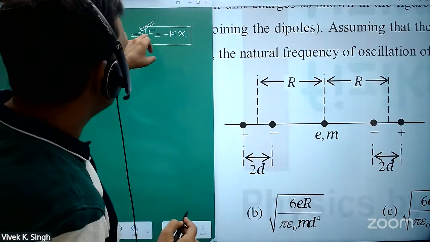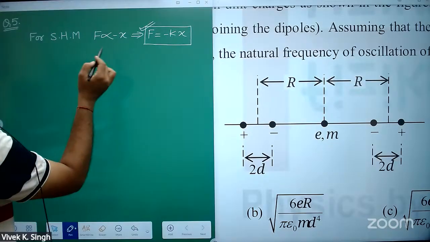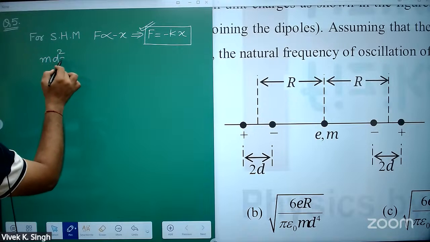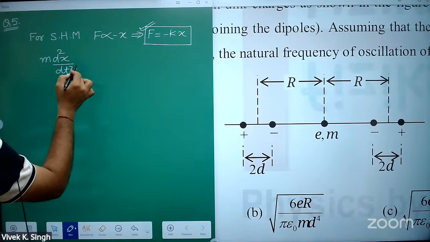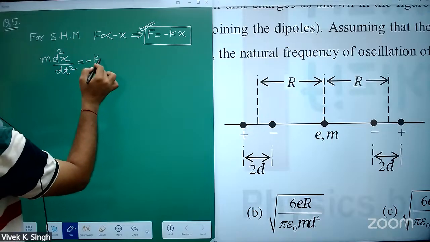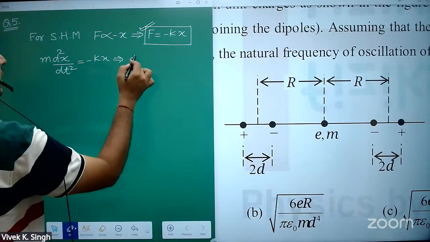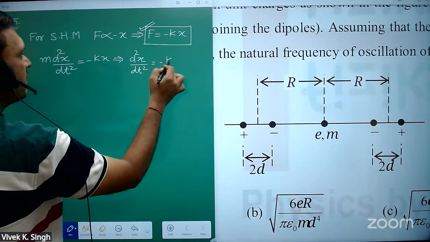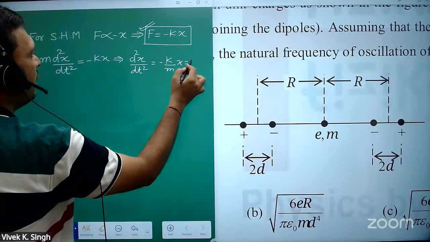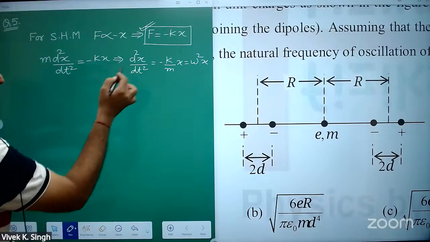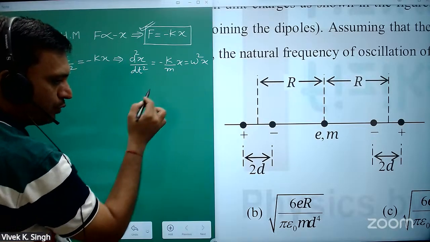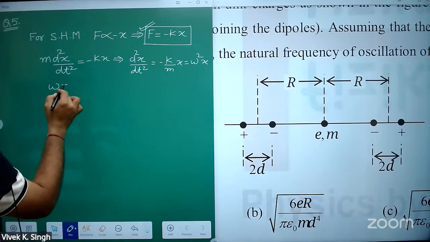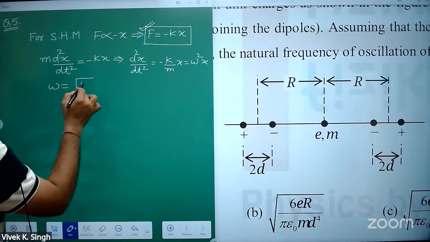If you can express force in this form, then with mass M, we write the force equation: M x double dot equals minus Kx, so x double dot equals minus K by M x. If you write this in this form, then the solution of x will be an oscillatory solution, in sine and cos form, where omega is given by under root K by M.